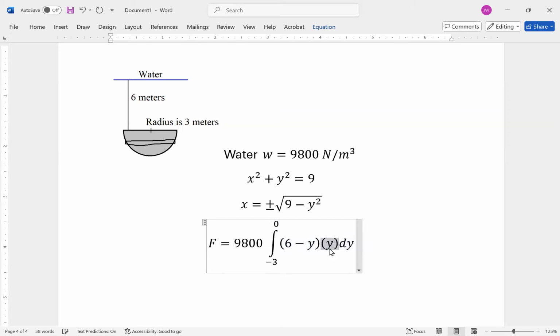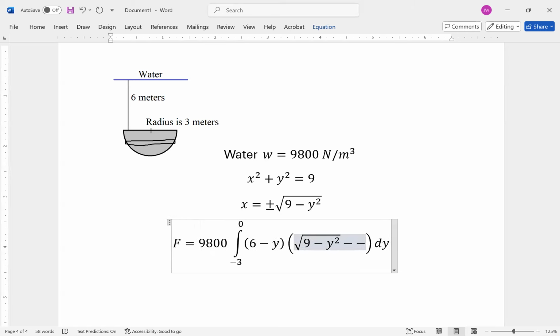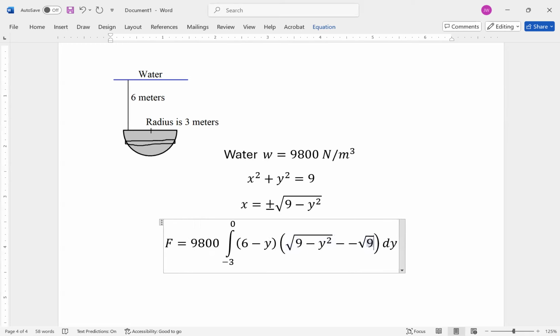And then the length of the rectangle is going to go from the positive square root of 9 minus y squared down to the negative square root of 9 minus y squared.